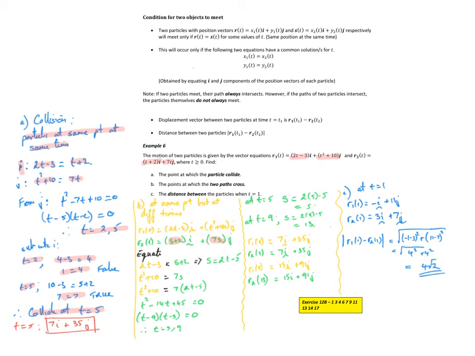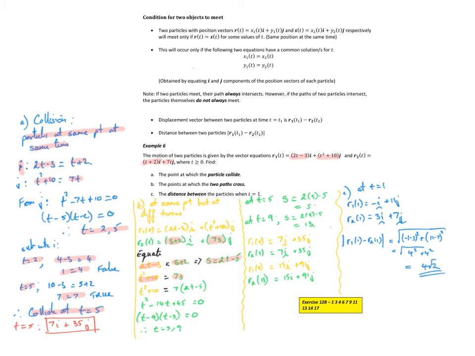The reason I do that is if I keep time as being the same, I'm only ever going to get the point where the i and j components are equal at the same time. So if we equate i and j components with the different times, I get 2t minus 3 equals s plus 2, and t squared plus 7 equals 7s.